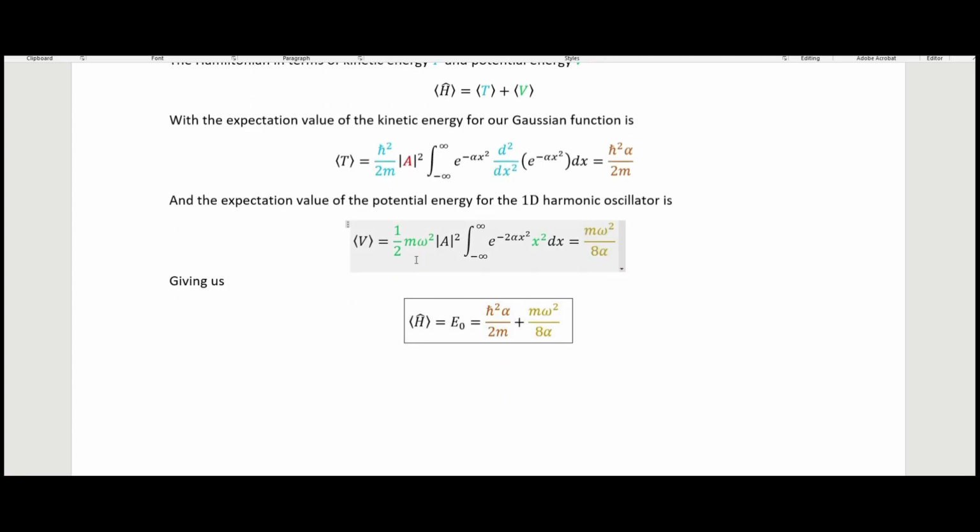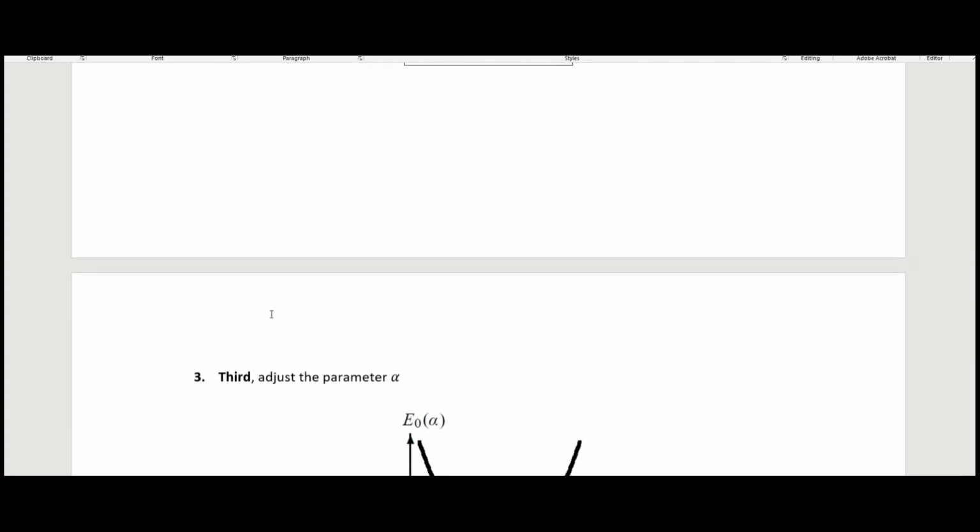And so that gives us this as our energy. So the expectation value of our Hamiltonian equal to our energy, and so we're looking for the ground state energy. So I'm using E sub naught here, and that's equal to what I have in brown right here, then this what I have in this sort of gold color right here.